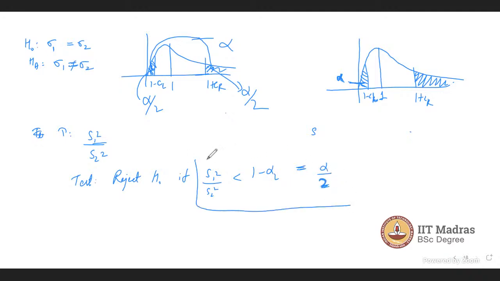Whatever conclusion you get from there, whether it comes in the rejection region or acceptance region, you try for both the tests, S1 square by S2 square. If any one of them validates, then you can reach the conclusion.